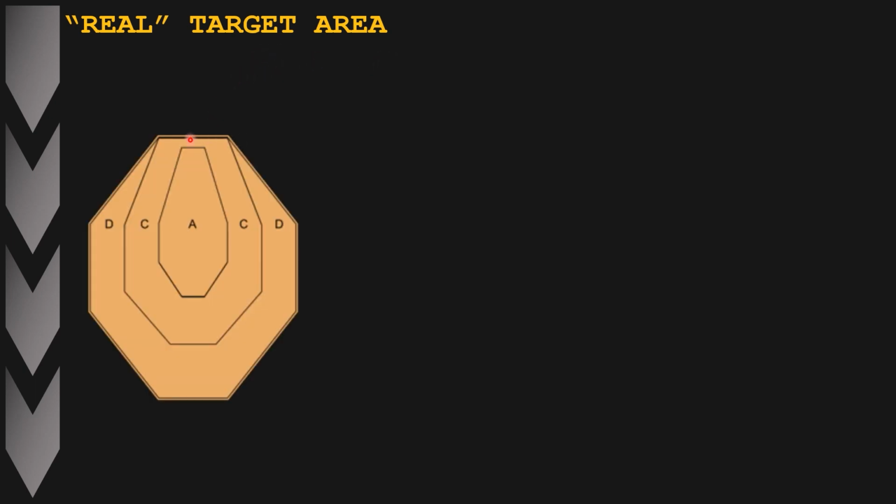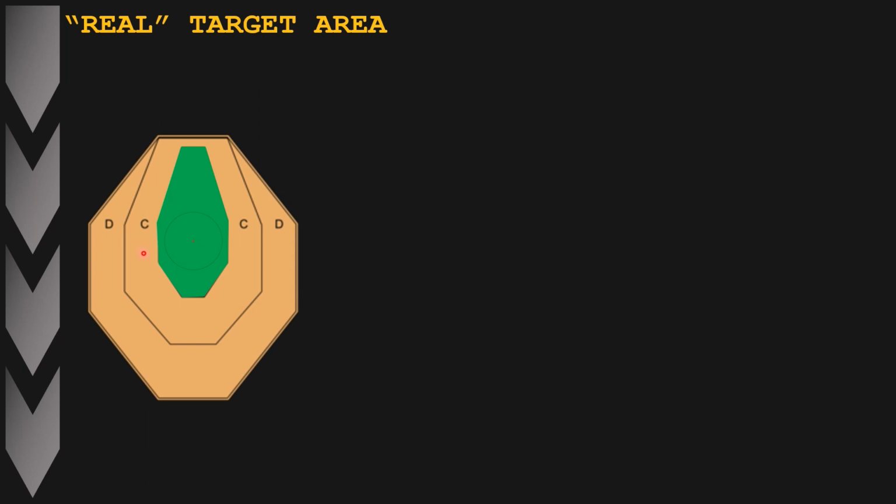The first topic I want to discuss are the real target areas on paper targets, on poppers and on steel plates. Most shooters, if you would ask them to explain what the real target areas are of paper targets, regardless of being 100%, 60% or mini IPSC targets, they will actually identify the entire paper target, which is not fully correct because most shooters will actually aim on the center of the A zone, which actually is the only real target on a paper IPSC target.